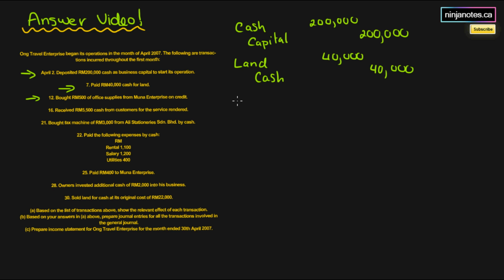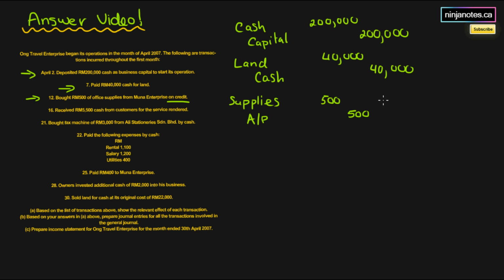Next question is office supplies on credit. So we can debit supplies since we're getting an asset, and since we're paying on credit, we're going to be increasing our liability by 500 and debiting our supplies by 500.